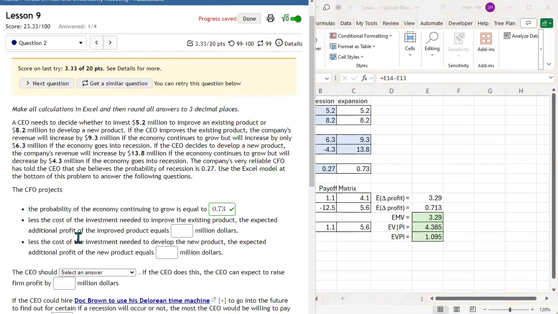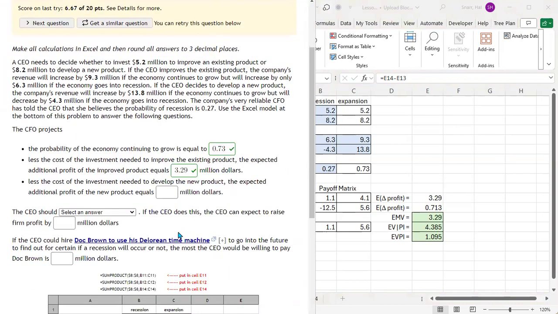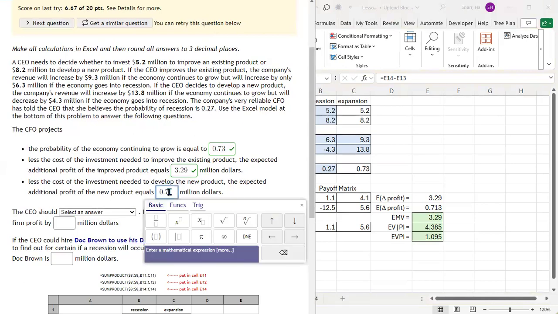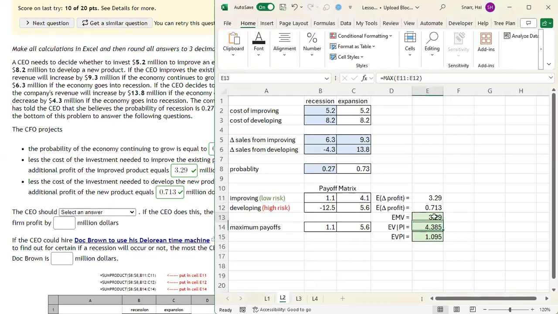The expected additional profit of the improved product equals what? That's the 3.29 million. The expected additional profit of the new product equals only $0.713 million. Since the CEO doesn't have perfect information, the CEO is going to go with the maximum, right?